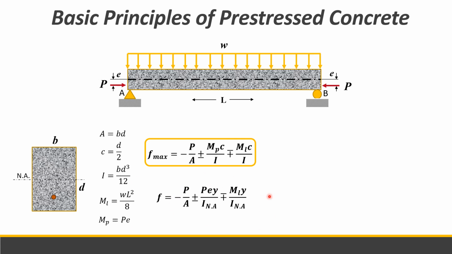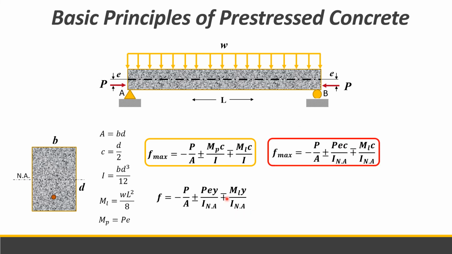So this is just a general equation, over moment of inertia minus plus M due to loading. For a beam, there are different loadings, so there could be a concentrated load or a distributed load. We cannot substitute omega L squared over 8 here because this is only specific to a distributed loading, times Y over I.